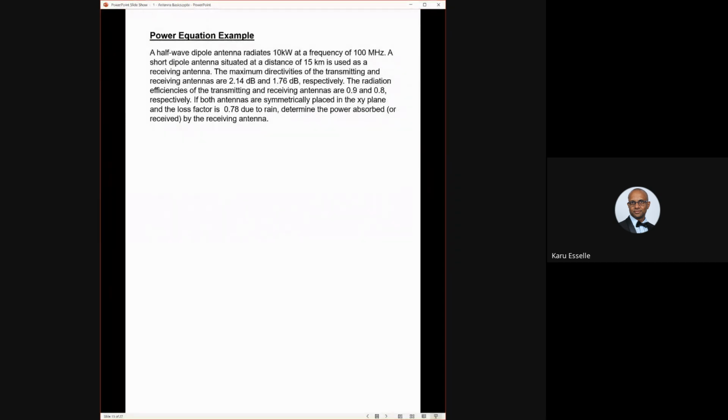I will not go through this example, but if you want, you can take a snapshot and do this as homework, just to familiarize yourself with the calculation of the received power.